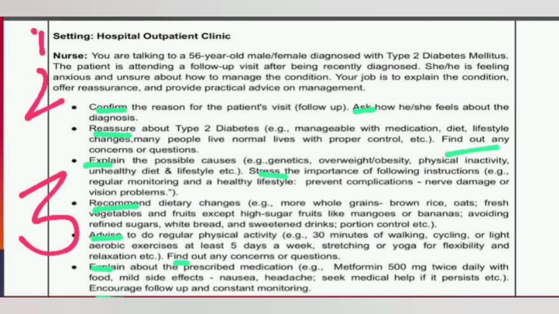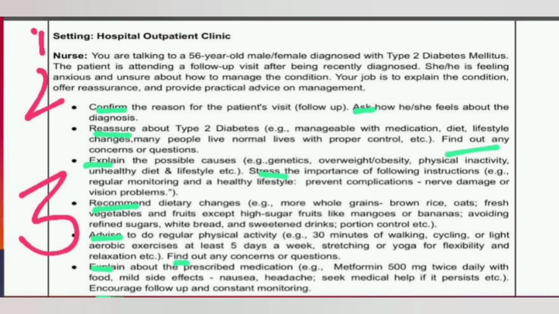Okay, so here the main role is that we have to speak with the patient, so we can start our introduction, and after that we can also say, please tell me your name for our better conversation. Okay, next, because this role play is based on a clinic, it is an unknown role play, so we have to ask the name from the patient.